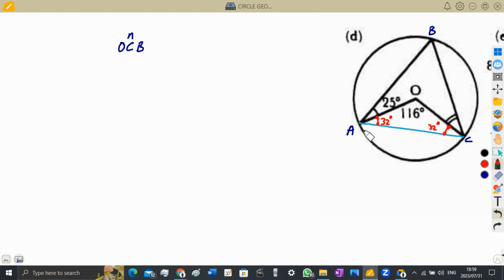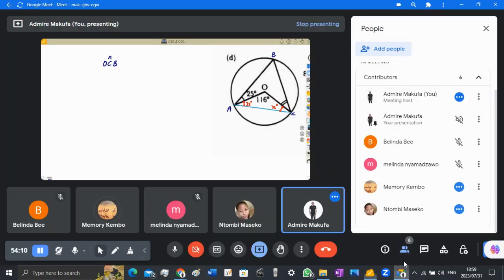All right, from there, what can we do now? If we have got these angles, how can we reach this remaining angle here? Because as we are focusing on finding this angle, it's going to be difficult for us to determine. Yes, you are saying? I thought I can multiply it by 2.